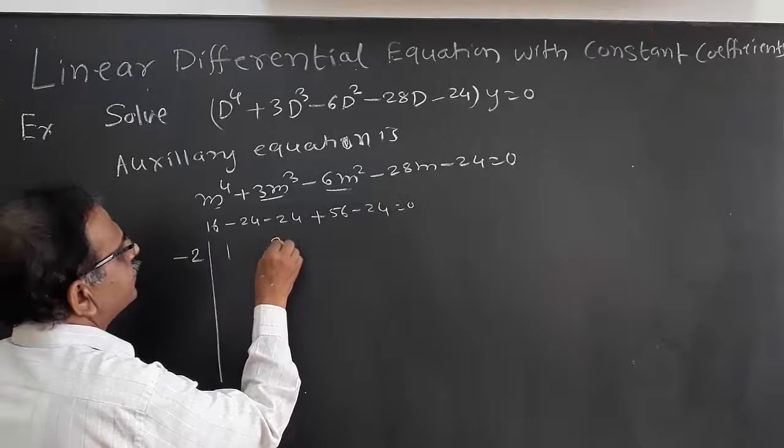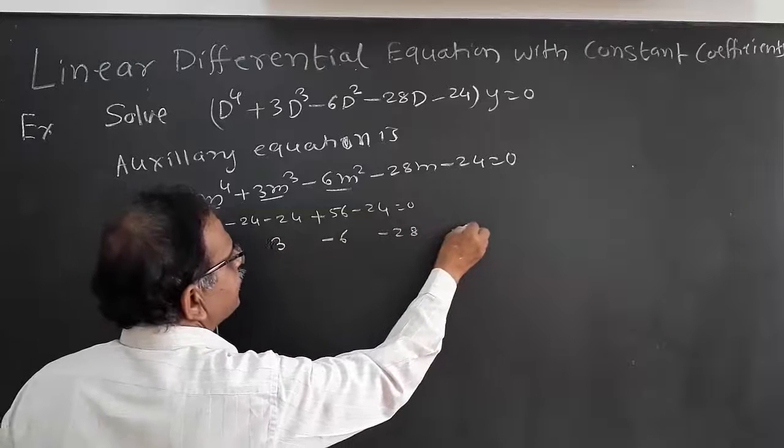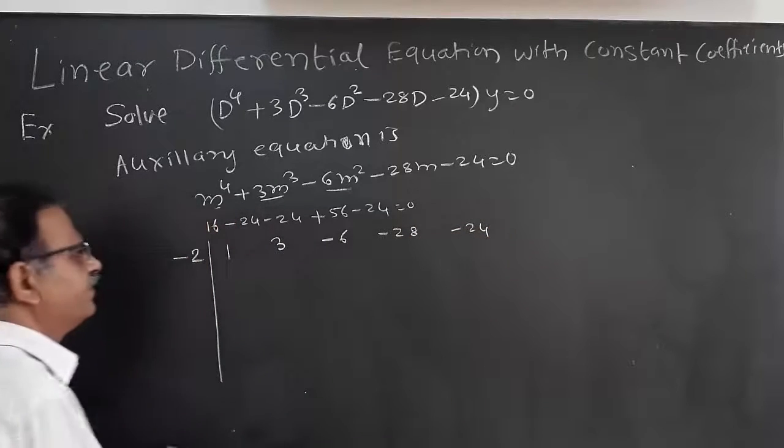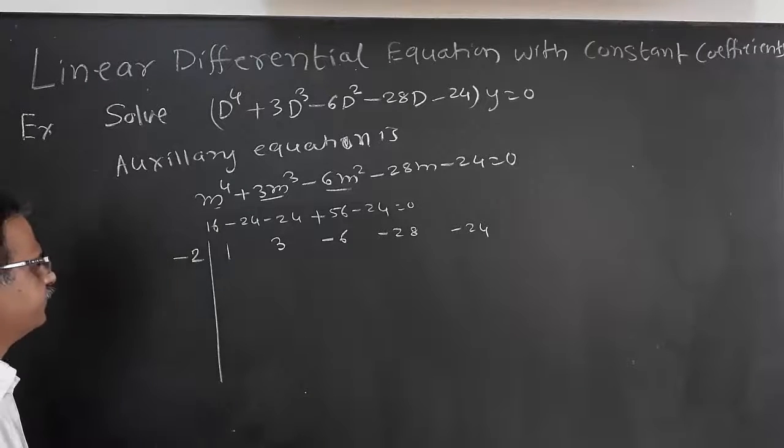1, 3, minus 6, minus 28, minus 24. What we have done? We have written all the coefficients in decreasing order.